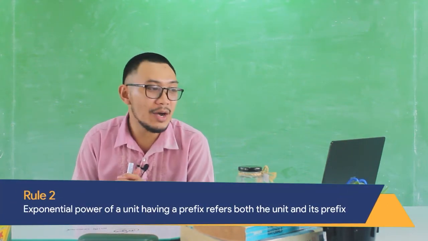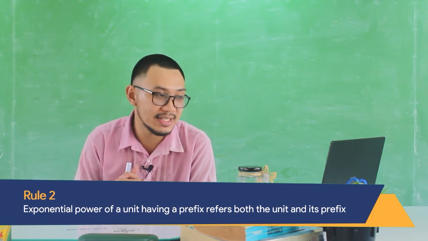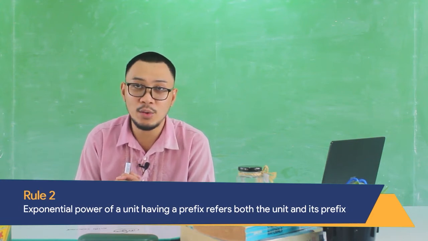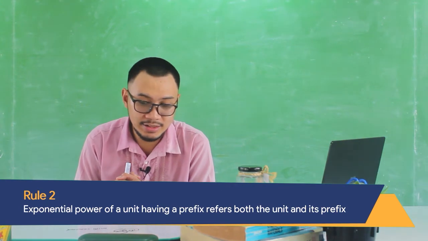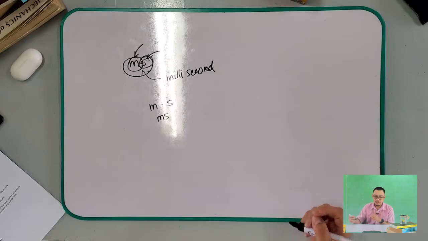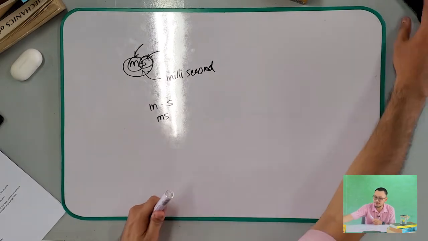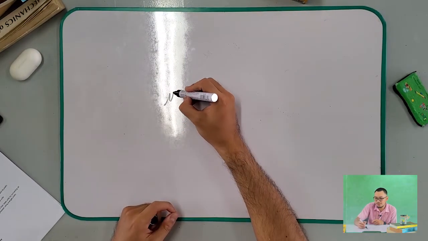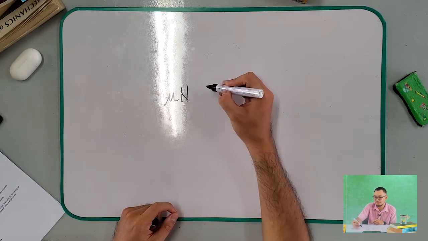Okay? Rule number 2. Exponential power of a unit having a prefix refers to both the unit and the prefix. So say for example, you have a unit of micronewton squared.